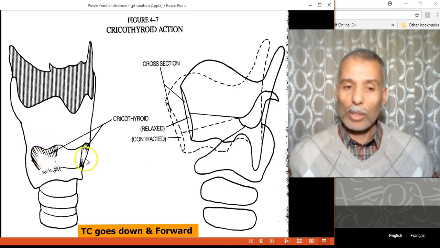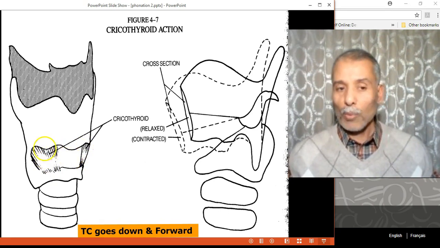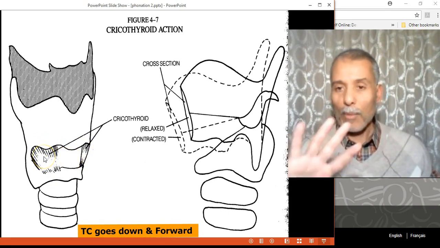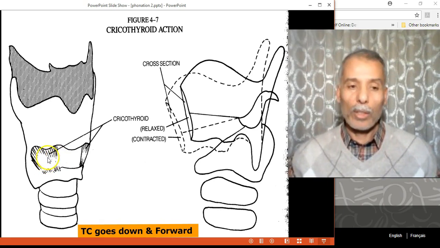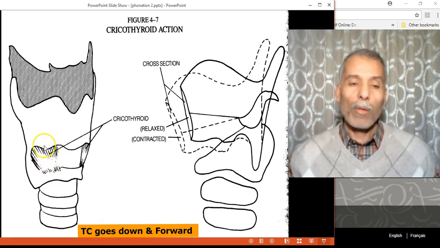As you could see, one is here, one is here. Actually, each branch has two segments, but I'm not going to have you worry about this. Just know it as cricothyroid.